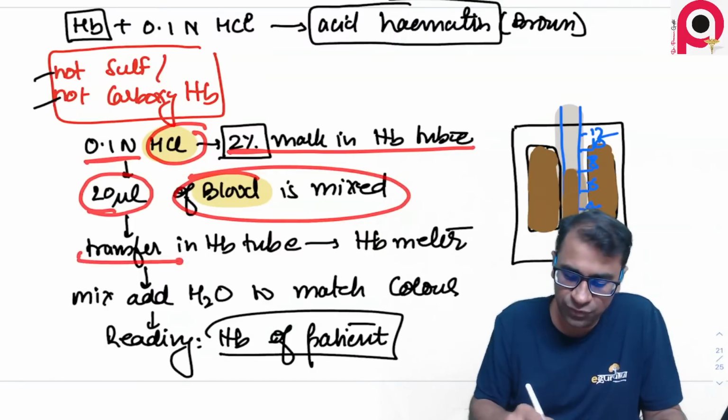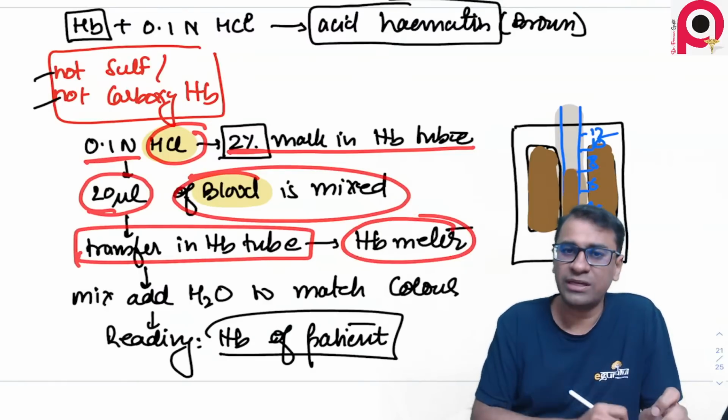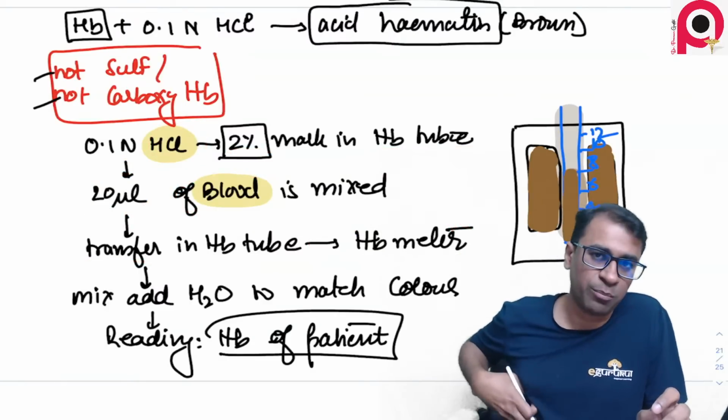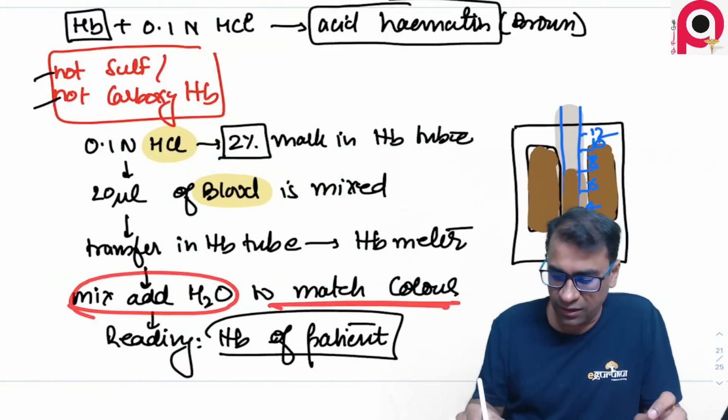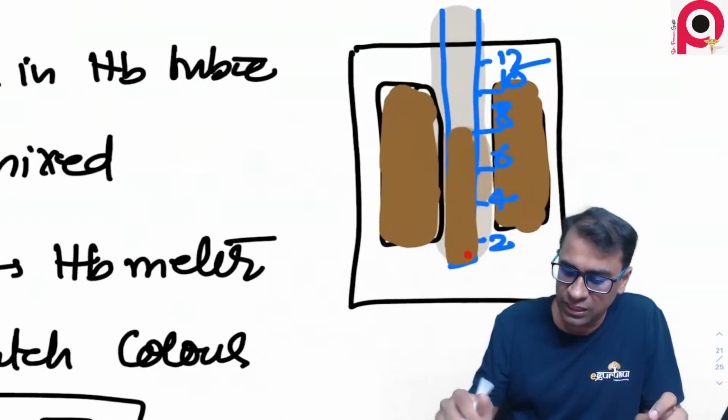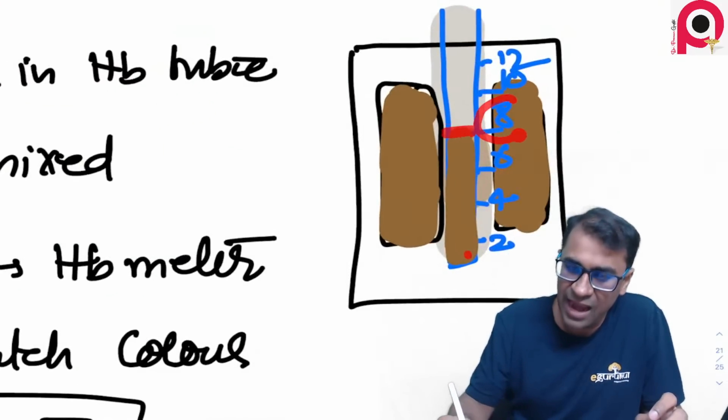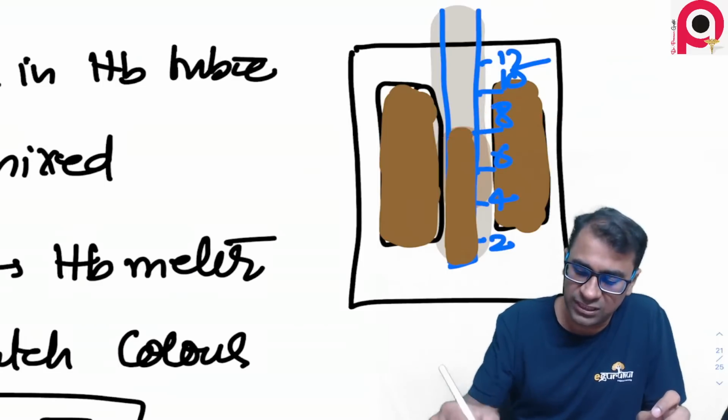Transfer it to the hemoglobin tube, place it in the hemoglobinometer and try to match the color by diluting it. Add water to match the color, and suppose it has matched at this level, where 8 is written. The answer is straight away 8.